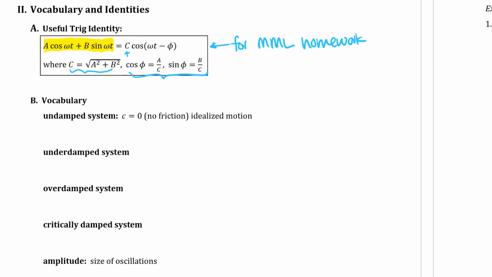Okay, so there's some vocabulary associated with the example we just looked at and also the examples we will look at later. The example we just looked at is what is called an undamped system. Sometimes they might not say there is no damping, but they will say you have an undamped system. So that is like what we just did here. We assume that C is equal to 0, no friction, and idealized motion. So that was example 1.